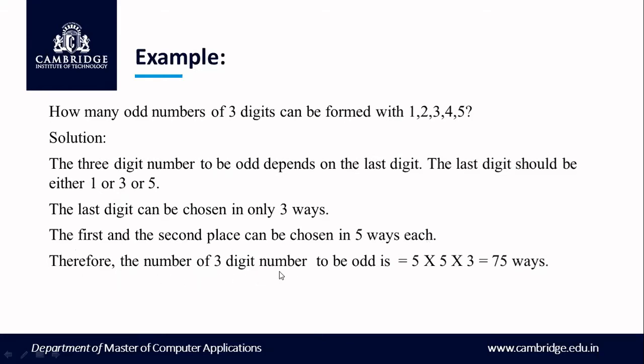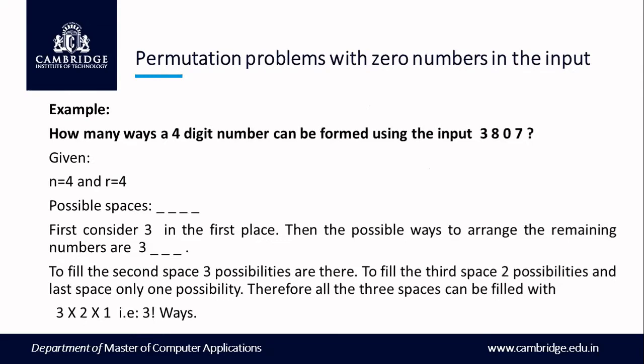Therefore, the first digit can be selected out of 5 and the second digit can be selected out of 5. But the third digit can be selected in only 3 ways because it should be an odd number, 1, 3 or 5. That is 5 into 5 into 3, which is 75 ways. This is another category of problem dealing with numbers.